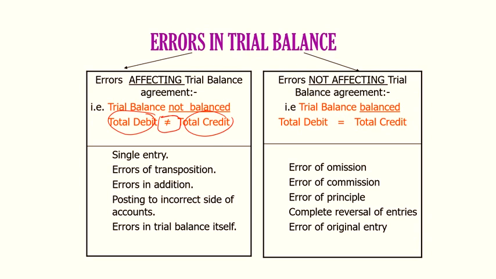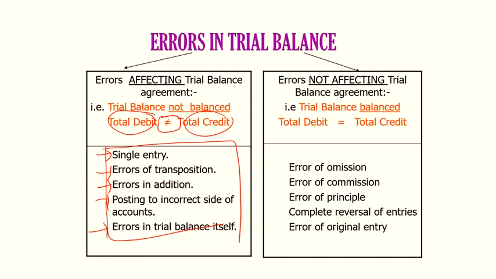So if it's not the same, automatically you tahu trial balance you salah. So kenapa trial balance you boleh salah ni? Sebab these are the reasons. Single entry, error of transposition, error of addition, posting to incorrect side of account, errors in trial balance itself. Itu errors affecting the trial balance.